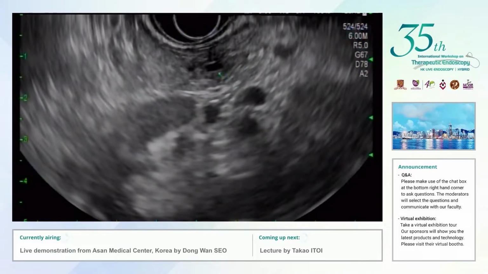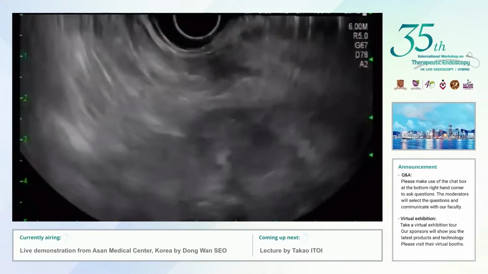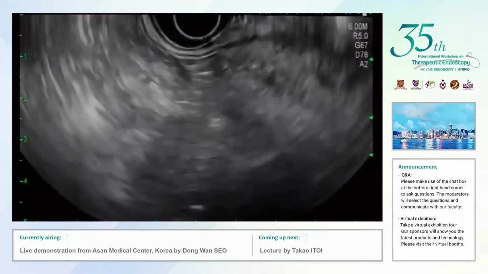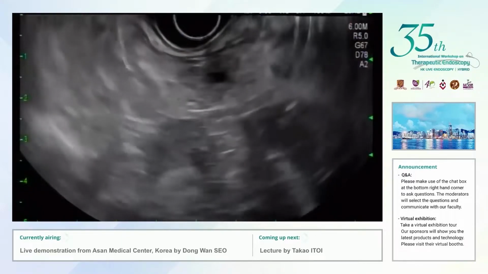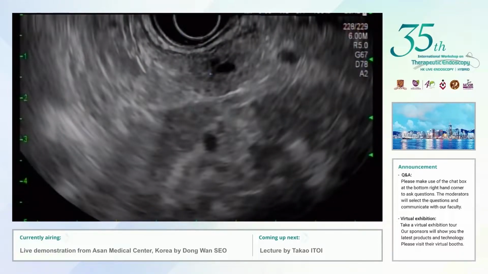And we can see the main pancreatic duct here. This area is the tail of the pancreas, and the main duct is a little bit dilated from the body to tail area, again 3 millimeter.